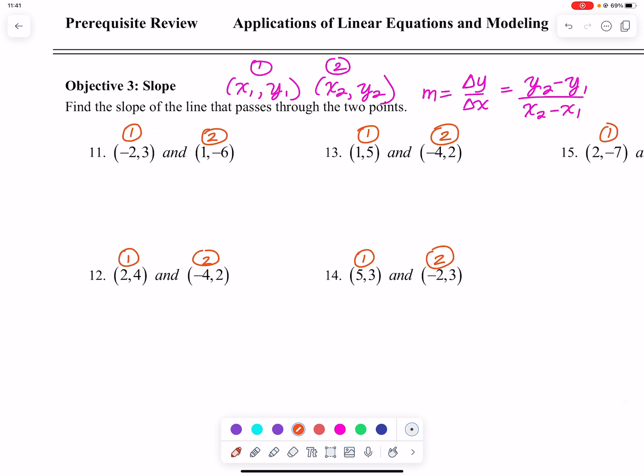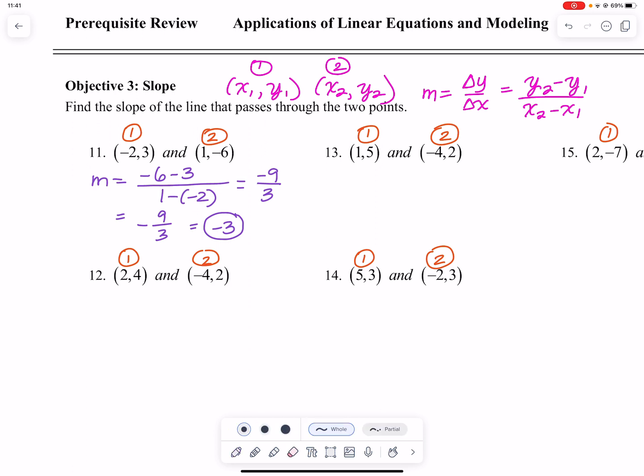So let's go ahead and find the slope, and that's the y value of the second point minus the y value of the first point, and now in that same order, the difference of the x values. And as you can see, we have -9/3, which is a -3.